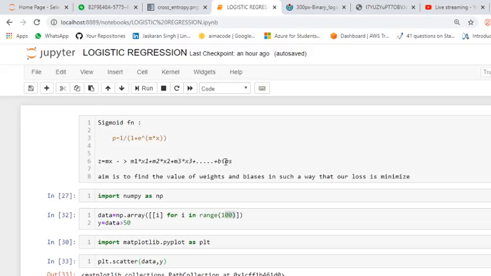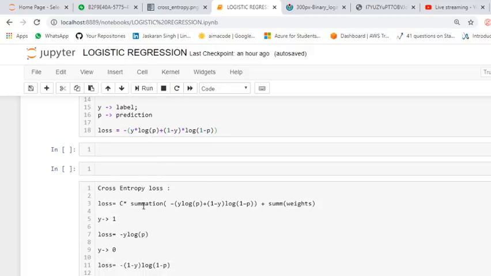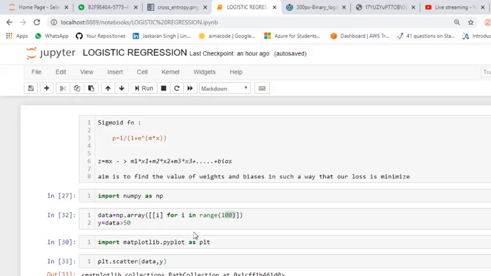We need to find them in such a way that the loss is minimized. The loss function that we use is cross entropy, and then we use a minimization algorithm. It's as simple as linear regression, but our aim is different, our loss function is different, and the way of finding the prediction is different. Okay, so that's it.